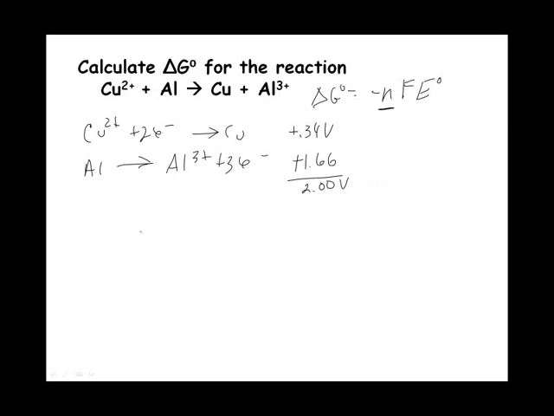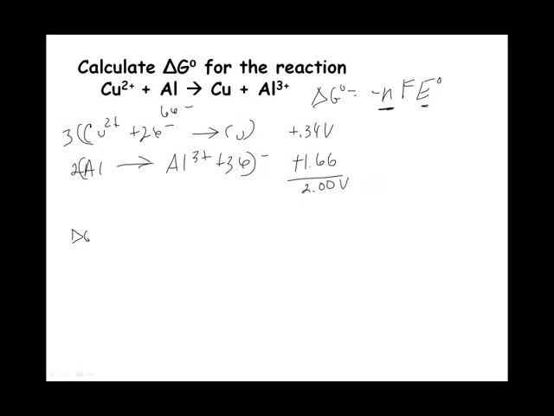So that gives me my E. Now to find n, if you notice, I've gained 2 electrons and lost 3, so I've got to multiply this times 2 and this times 3, so that they both lose and gain 6 electrons. So my n in this case is 6.